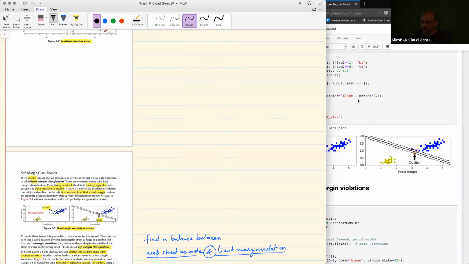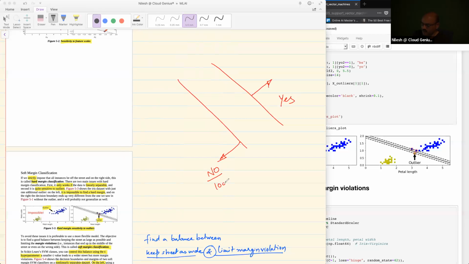So yes or no? It's basically binary. It is hard in that its decision boundary is very hard. Meaning, if you are on that side, it is an absolute yes. If you are on that side, it is an absolute no with 100% guarantee. And that makes it a hard boundary.